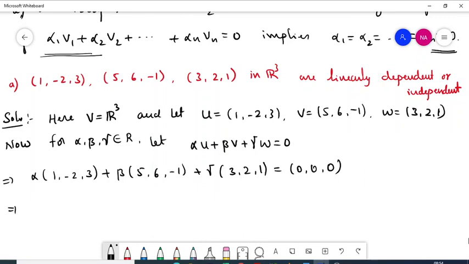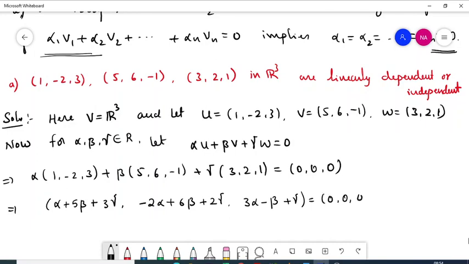So this implies, see, I will directly write this: alpha into 1, so it is alpha plus 5 beta plus 3 gamma, comma, second coordinates minus 2 alpha plus 6 beta plus 2 gamma, comma 3 alpha minus beta plus gamma equal to 0, 0, 0.